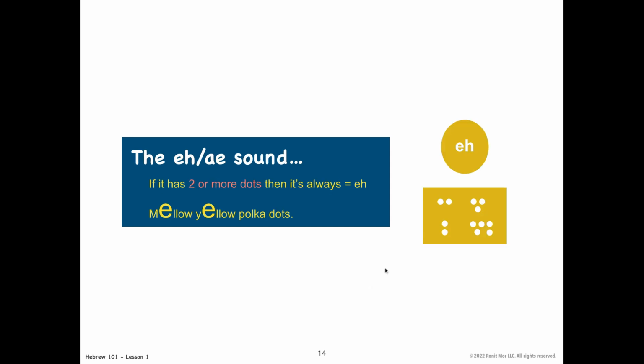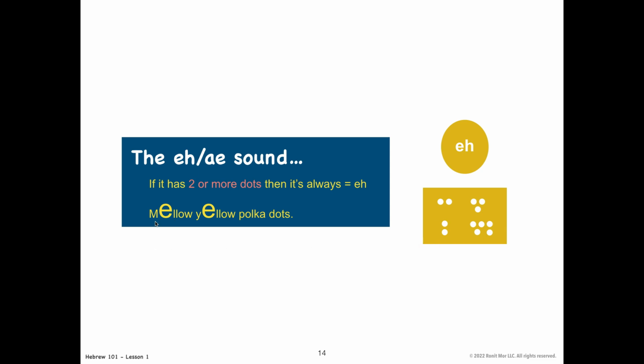The next sound is the E. Okay, so if it has 2 or more dots, then it's always E, except when there is an exception, and we will talk about it in a moment. So if it has 2 or more dots, it sounds like E. And your encore sentence is mellow, yellow, polka dots, okay?